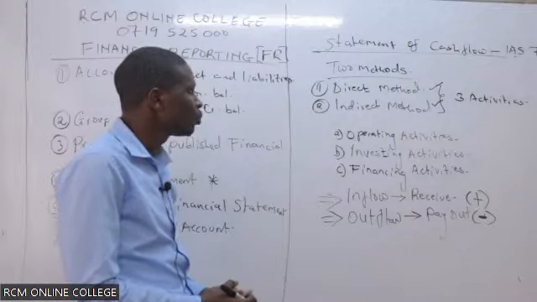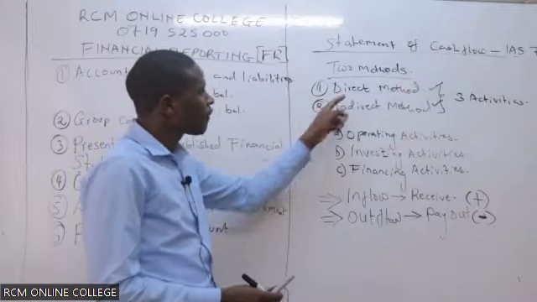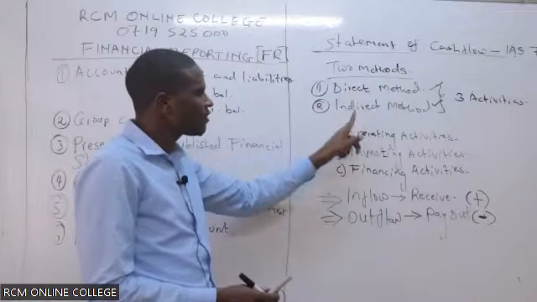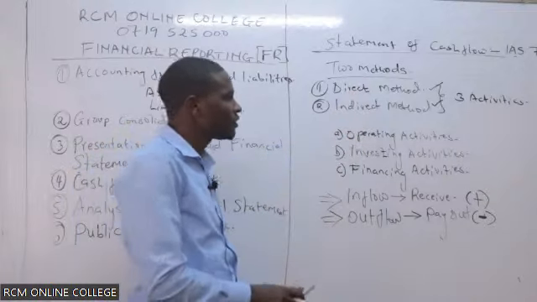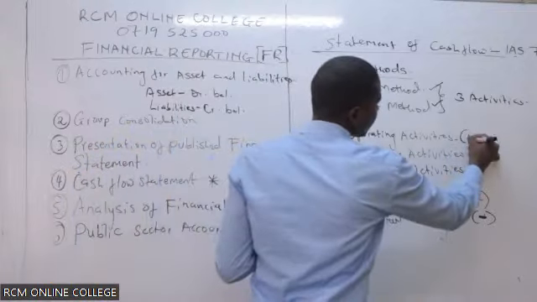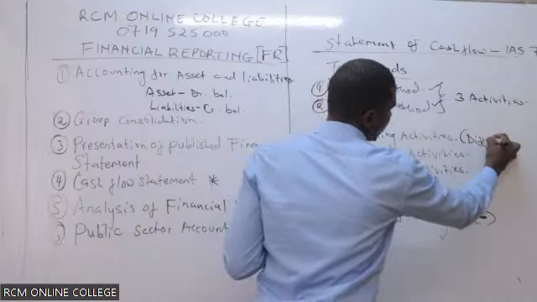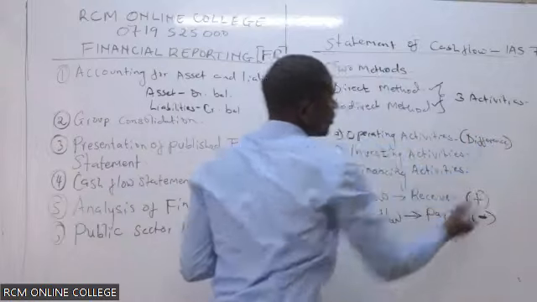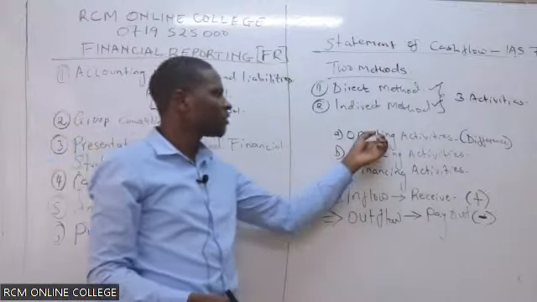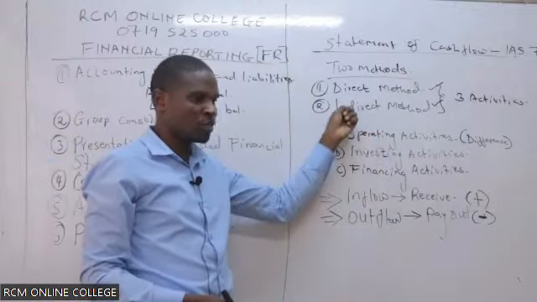With three activities, the operating activity is where the difference comes in. We only have a difference in the operating activity between the two methods.